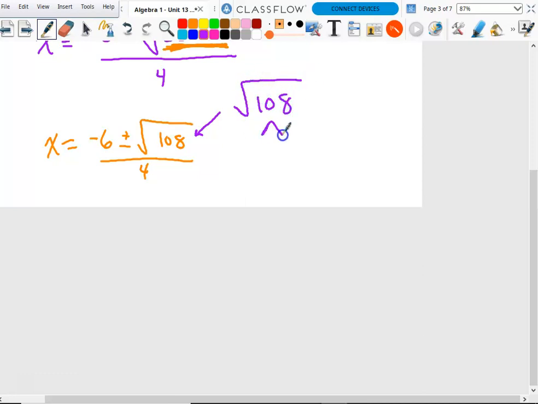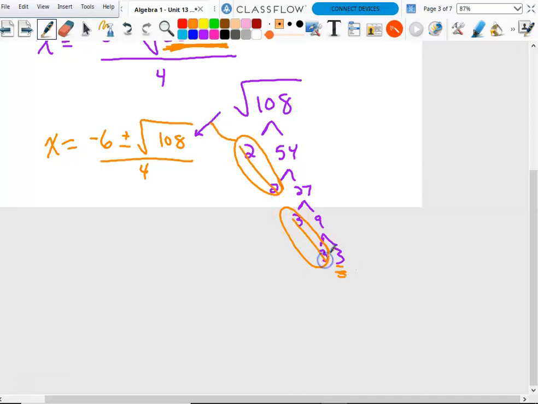And if I start breaking 108 down, I get 2 and 54. 54 is 2 and 27. 27 is 3 and 9. 9 is 3 and 3. And now I go back to what we did in Unit 8, and we look for pairs. And then we have one lonely 3 out there. So I'm going to pull 1 two out, pull 1 three out. Actually, let me just write it over here so you're clear.